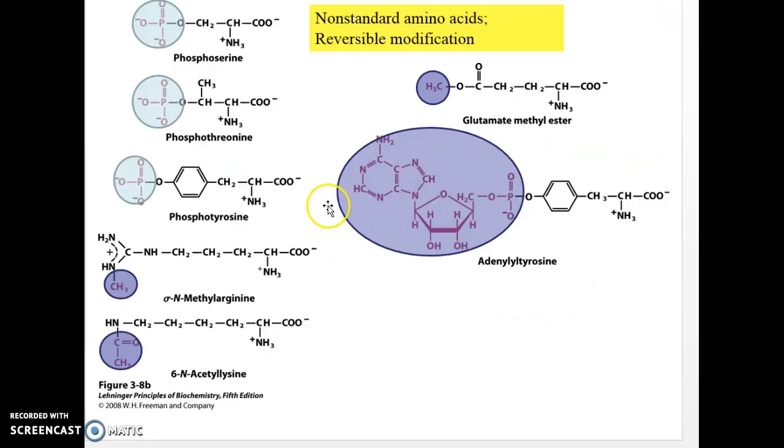Some might be reversibly modified, like phosphate group, phosphorylation, dephosphorylation, something like that.